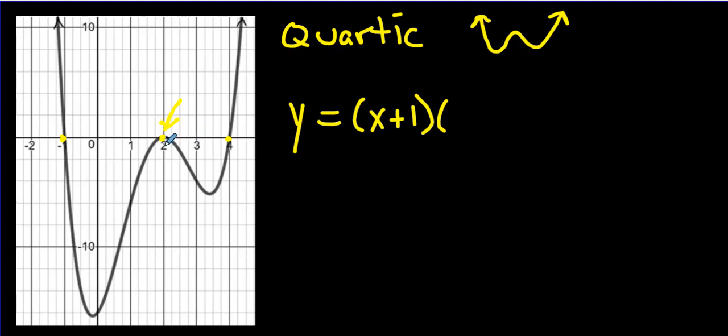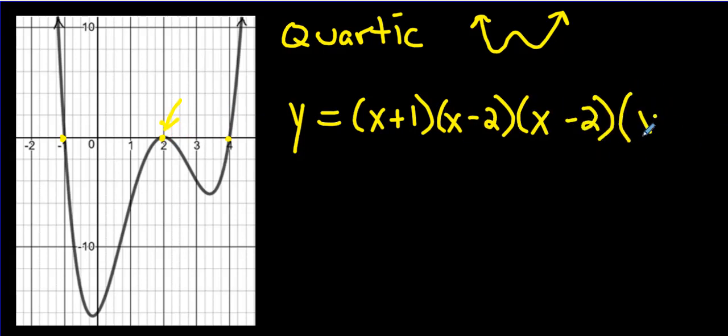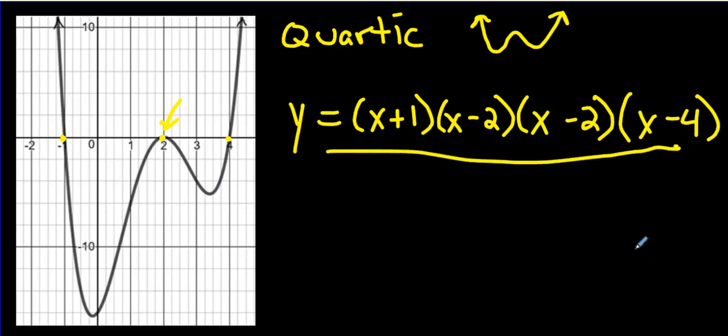So that's going to be opposite of 2 is minus 2, x minus 2, x minus 2. And on the end we have a 4, so x minus 4. If you were to type this in Desmos, hopefully you would come up with something that looks just like this beautiful piece of art. And this would be the equation we were looking for, folks. Okay, if it was upside down, we would just put a negative sign there.